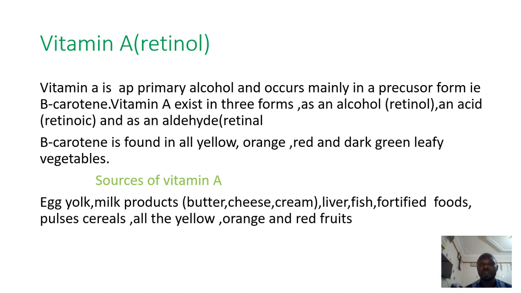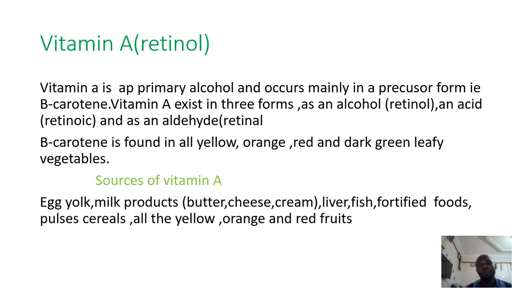Precursor meaning it is not active, and you need to activate it, and in order for this to be achieved, vitamin E must be involved in the conversion of the beta carotene to the active form of vitamin A. Vitamin A also exists in three forms, that is retinol, which is an alcohol, retinoic acid, and then an aldehyde, which is retinal.